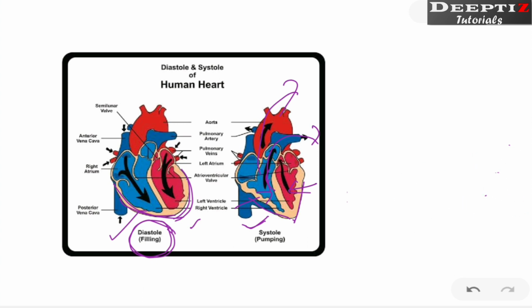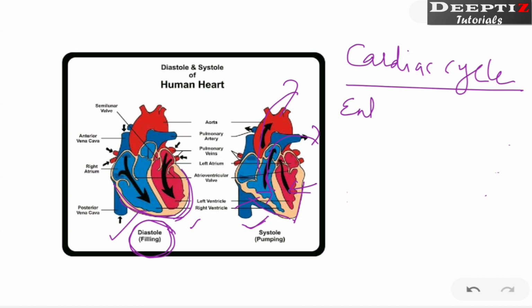Please understand this one. What is the meaning of cardiac cycle? Cardiac cycle is the entire event which takes place in our heart in one cycle.